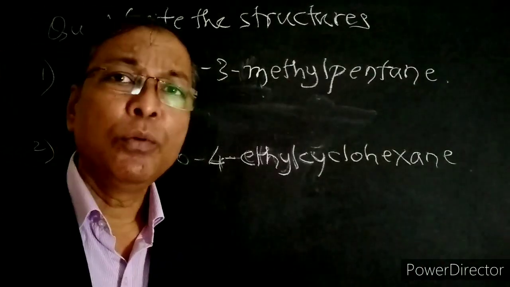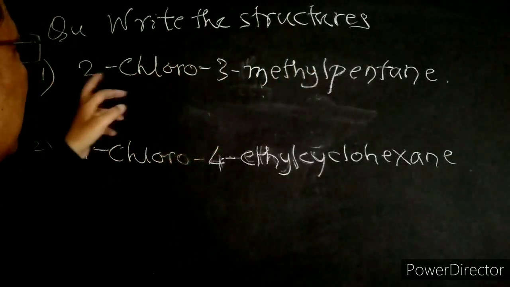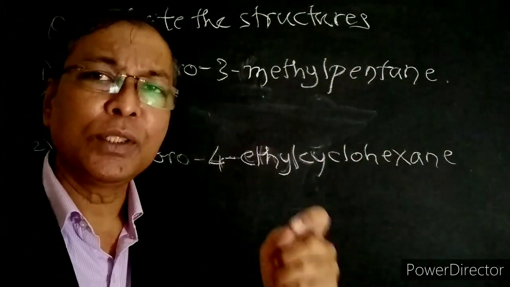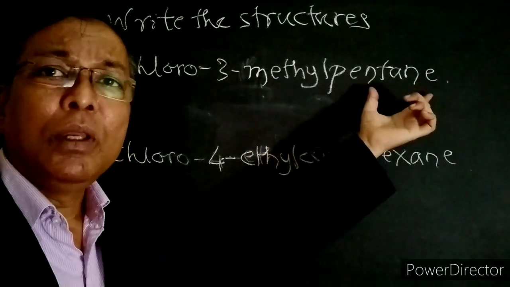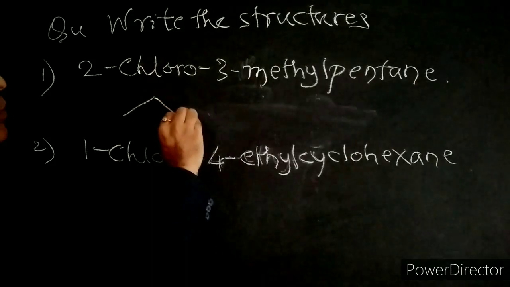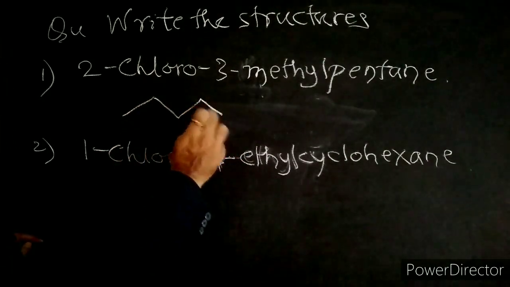Now let us see a few more questions. Write the structure when the name is given. The name given is 2-chloro-3-methyl-pentane. I give you one solid simple trick. We have to see the end part of the name. Here it is pentane, that means we have to draw 5 carbon atoms. I have drawn 5 carbon atoms, 1, 2, 3, 4, 5.